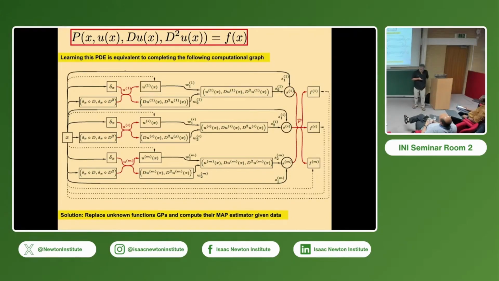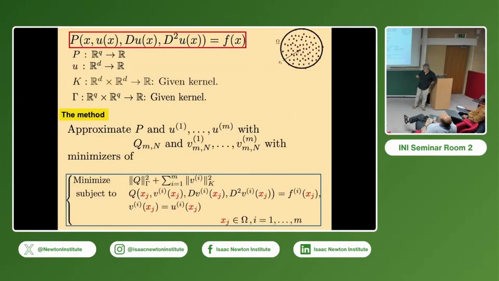Now, if you write K for the kernel that you're going to use for your partially observed solutions, so this is a kernel defined on the input space of u.